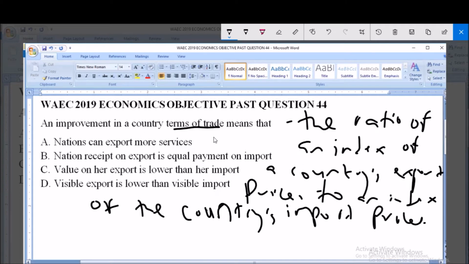So this is the definition of terms of trade, or the terms of trade of a country.